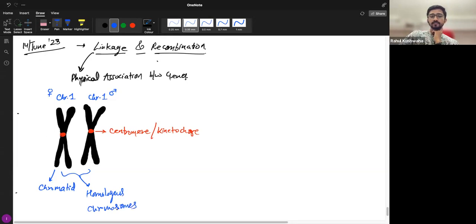Is it clear? If one is chromosome 1 and the other is chromosome 2, we will not call it homologous chromosomes. We'll call it heterologous chromosomes. But if both chromosomes are the same, the only difference being that one comes from the mother and the other from the father, which happens inside our genome, then the pair is called a homologous pair. Is that part clear, everyone?